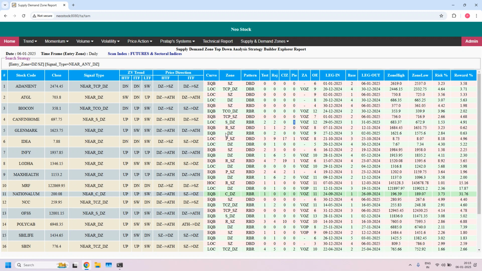You can apply those concepts. And National Aluminium is having a high liquidity zone, a daily high liquidity zone. OFSS is having a high liquidity zone.